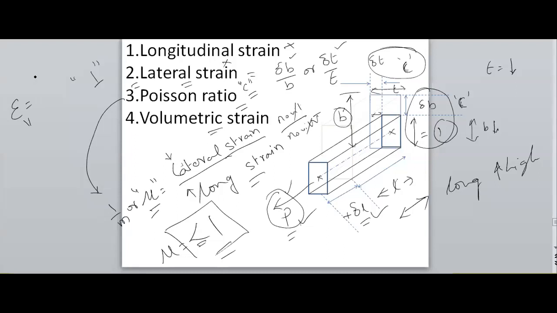Volumetric strain can be written as change of volume by original volume, which gives the volumetric strain of that component.